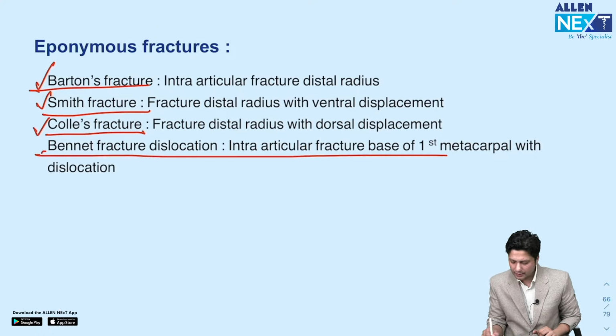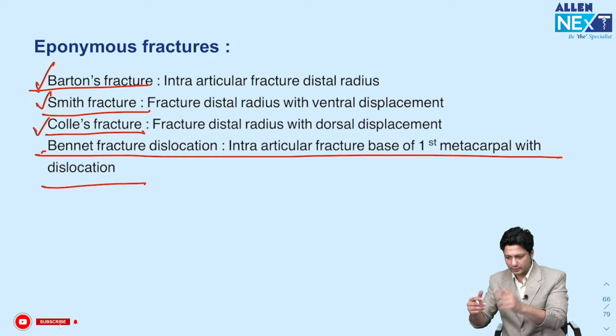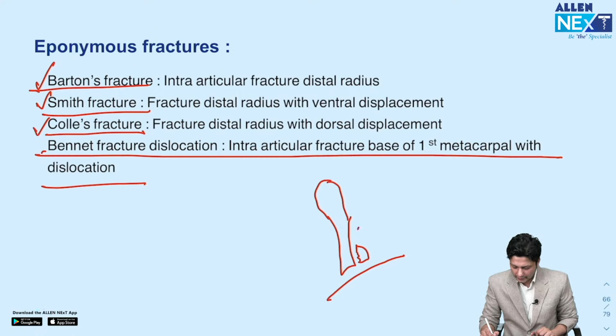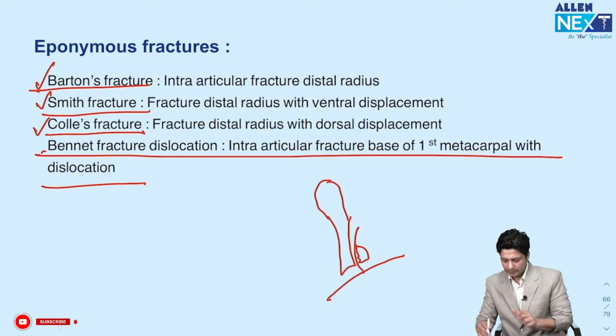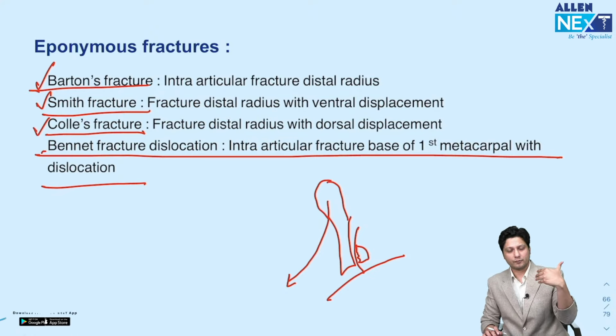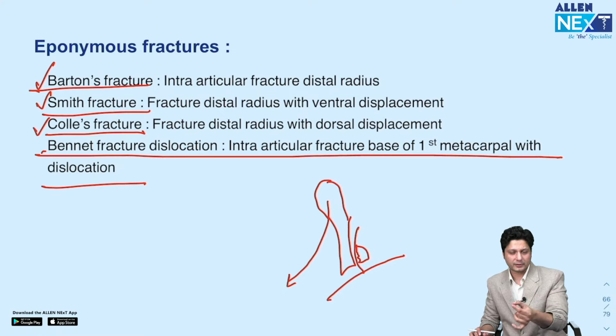It is the intra-articular fracture of the base of the first metacarpal along with dislocation. What happens is, if this is the first metacarpal, and this is the smaller segment over here, this is the intra-articular fracture of the base of the first metacarpal. The entire metacarpal will be dislocated because of the abductor pollicis muscle which is attached to it.